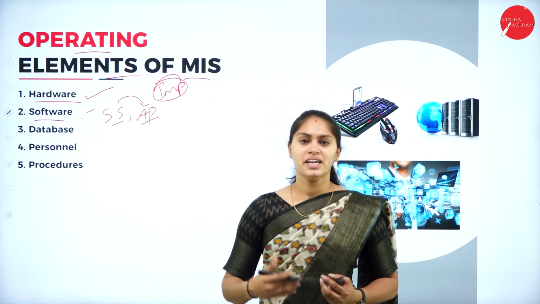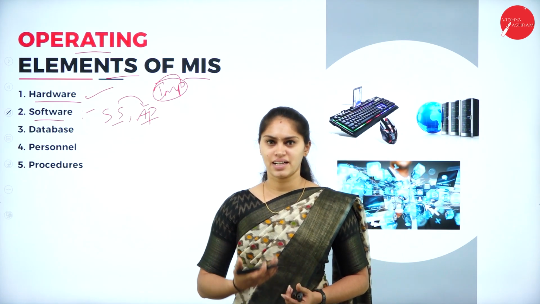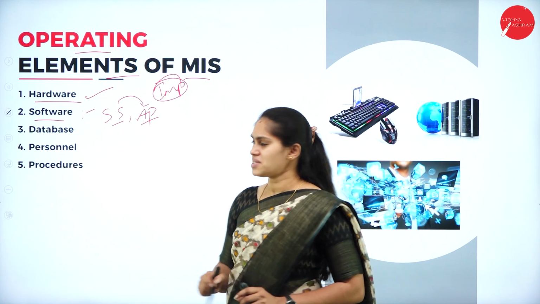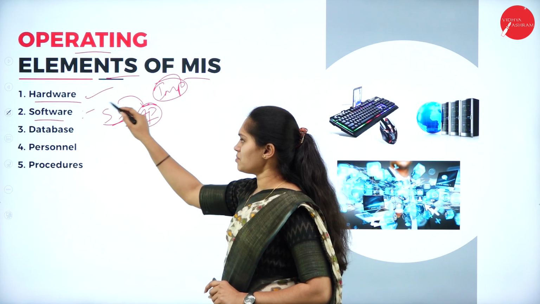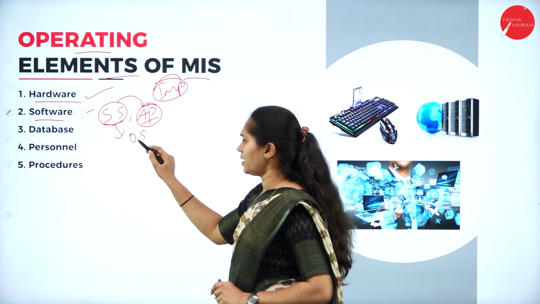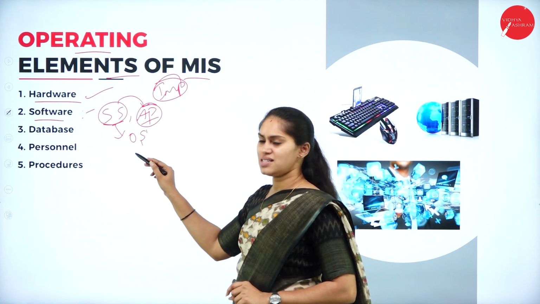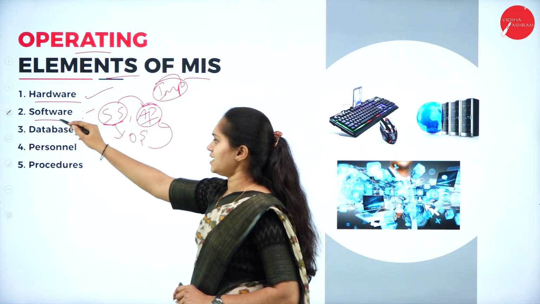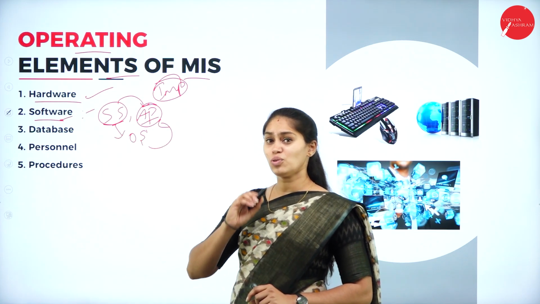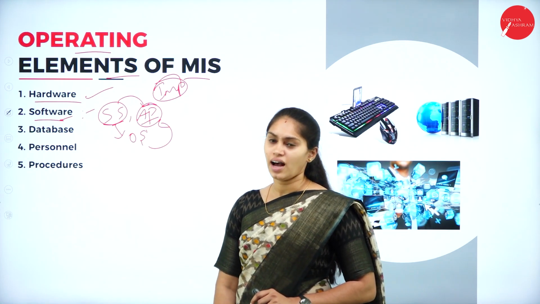For example, social media like Instagram and WhatsApp come under application software, and system software is the OS, that is, the operating system. Without the operating system, I can't run application software. So that is a set of instructions to guide the computer hardware.